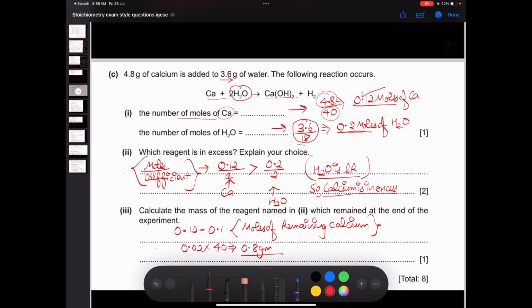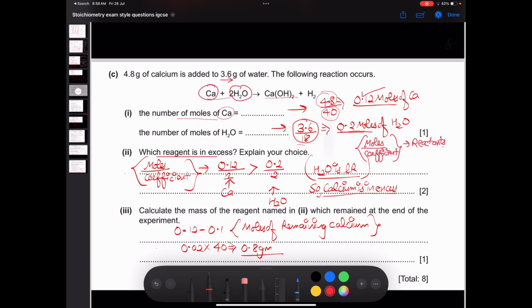Now, see. Which reagent is in excess? For this, we simply use a formula, that is moles upon coefficient, and we try to find this value for both the reactants. The reactant having the lower value of this ratio will be the limiting reagent. How?